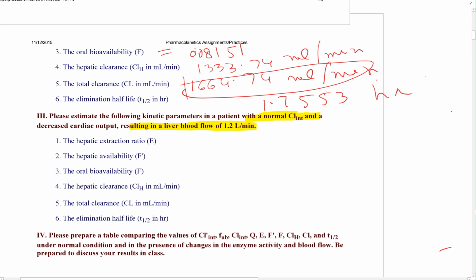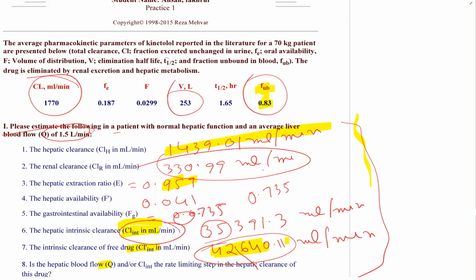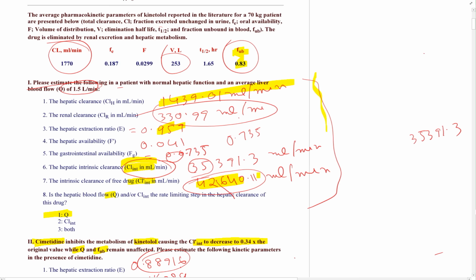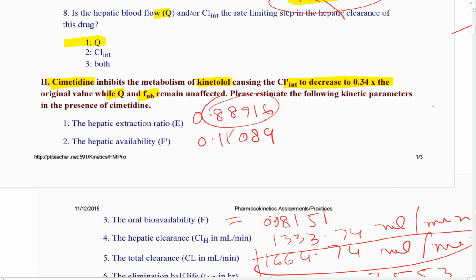This whole problem set is trying to explain the first one, where everything is normal, how you calculate different kinetic parameters. Then an interacting drug decreases the metabolism of another drug.